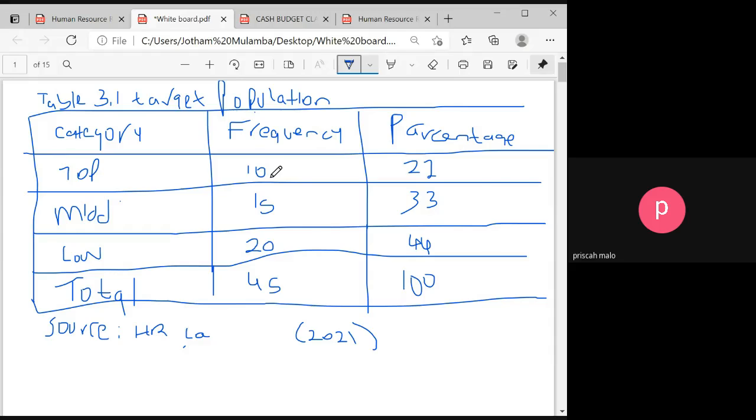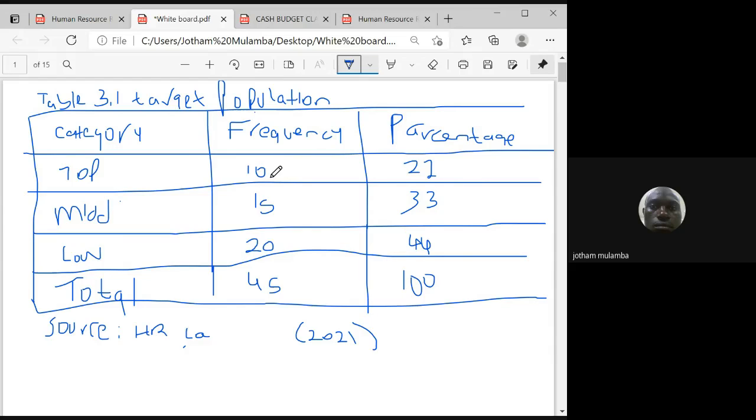Should it be among the target population? Yes. Like top, middle, lower? Okay. Now, I've said according to Mugenda, it is suggested that you can use from 10% going upwards. So you can select any percentage. You have freedom to choose 20%, 30%, 40%, 50%, but those percentages will also be determined by your target population.